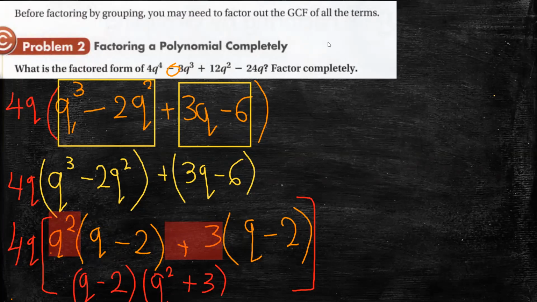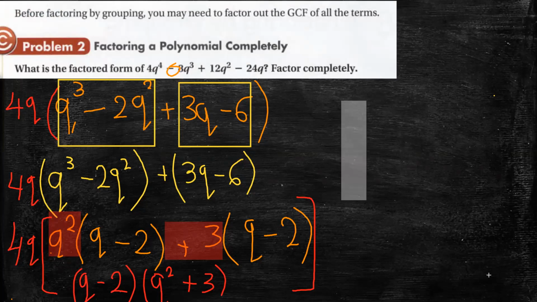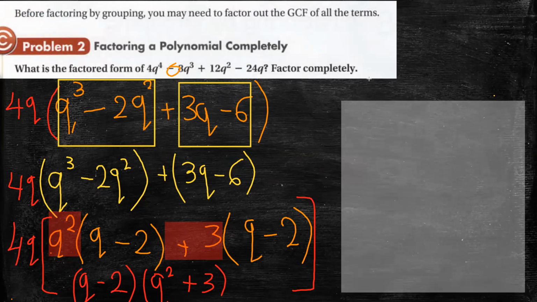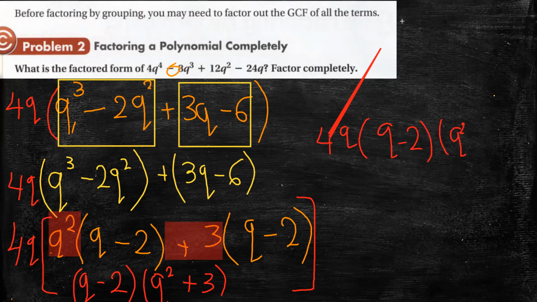The factored form of this trinomial here will be 4q times q minus 2 times q squared plus 3.